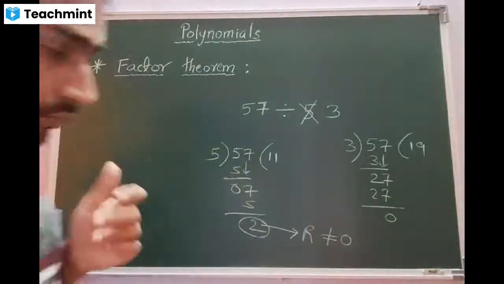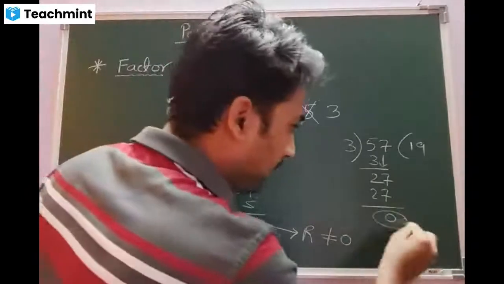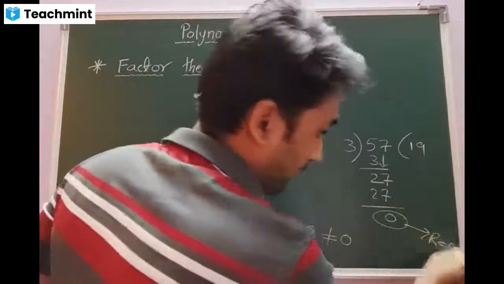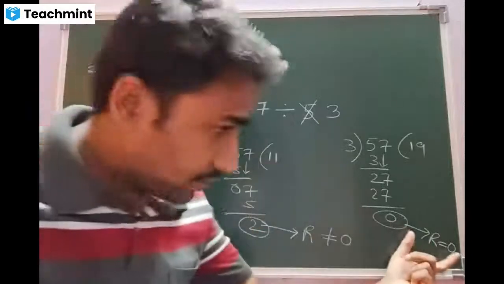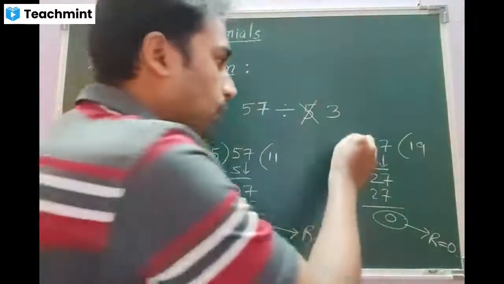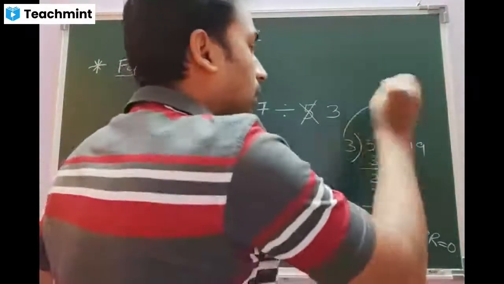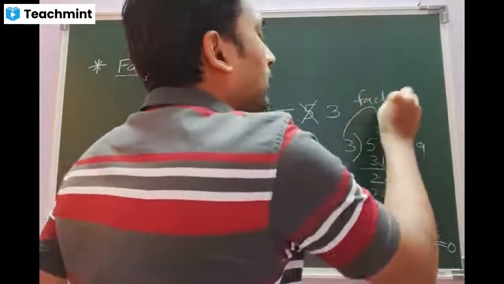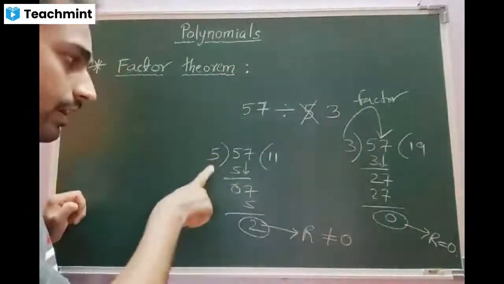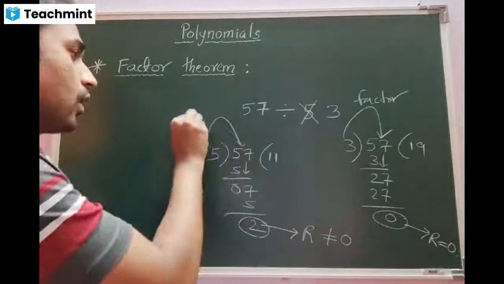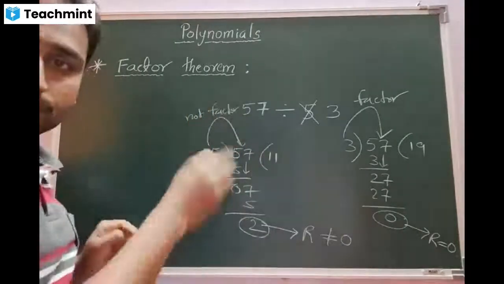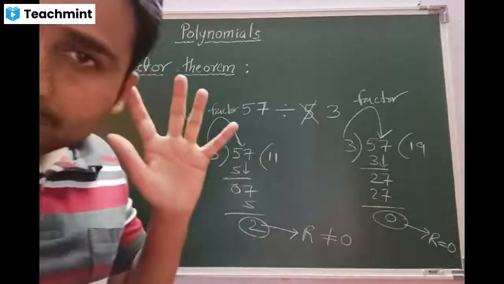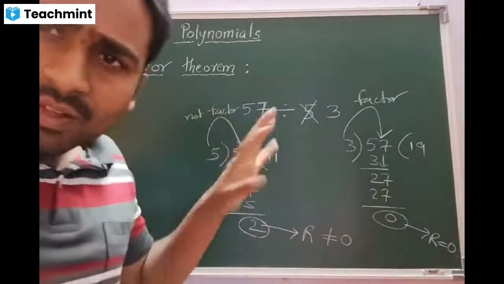The remainder is 0. If the remainder is 0, we call 3 a factor of 57. But here, 5 is not a factor of 57. Got the concept? Yes, sir.